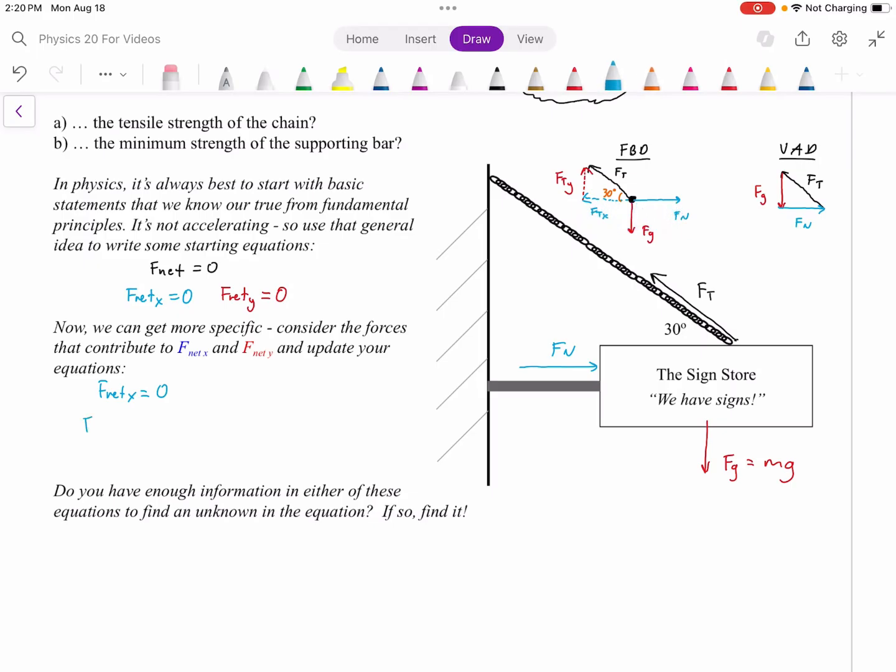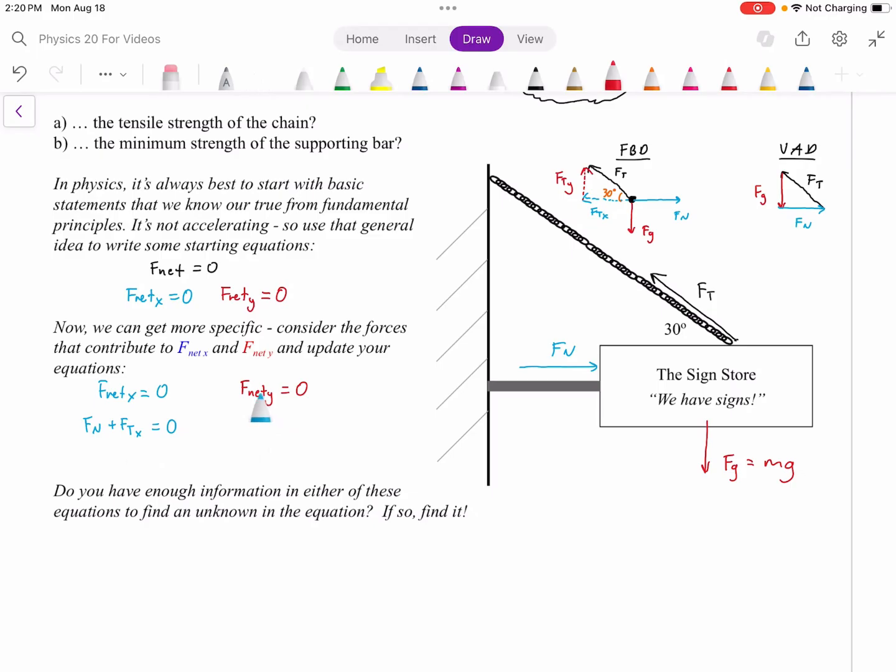So F normal plus Ft's x component has to equal zero. Started simple with the basic idea and then got specific to my problem. F net x had to equal zero or it would be accelerating horizontally. Well, F net x is just the normal force plus tension's x component. So that has to equal zero.